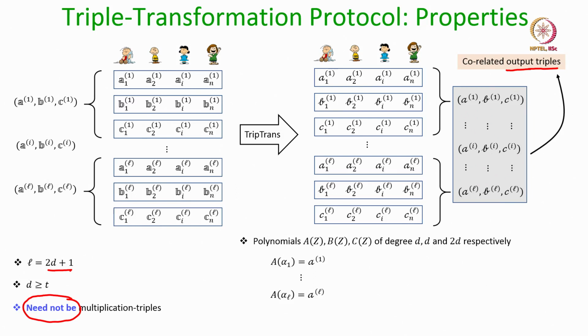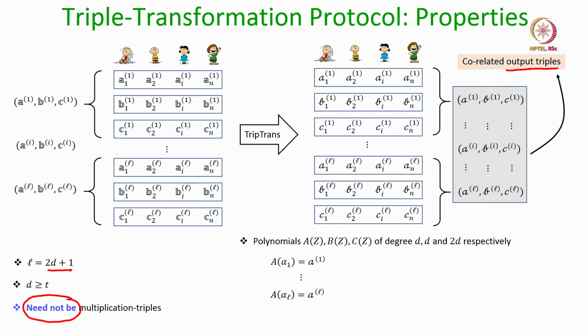The first property is that all the A components of the output triplets should lie on the A polynomial.